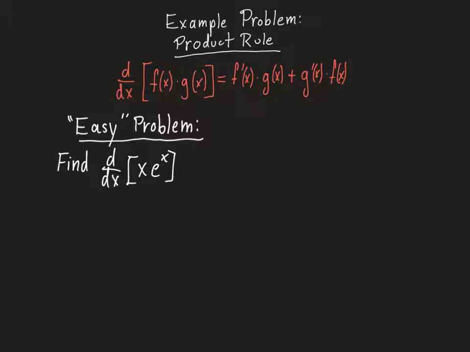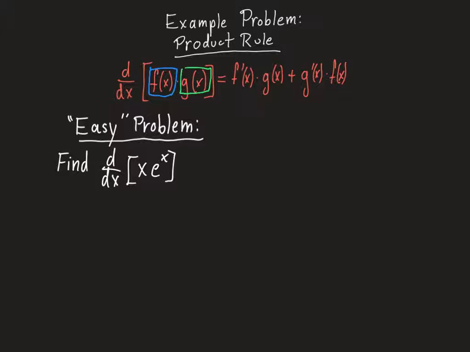Now, if we look at our formula written at the top in red, we see that we are always working with two functions. This first one in the blue box is f of x. That's what I'm going to call it anyways. And the second one that I shall put in the green box is g of x.